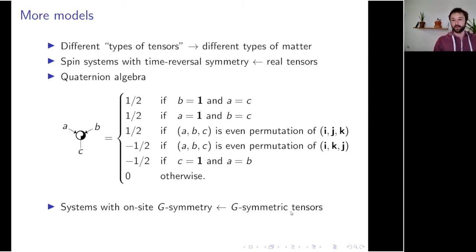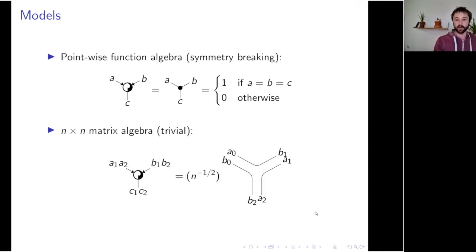And now if I contract two indices, not only the bond dimensions have to agree, but also the representations, which ensures that contraction is compatible with the symmetry constraint. And if I look for different ways to equip these tensors with symmetries, then in this case, I get conventional symmetry breaking order. And in this case, I recover the cohomology classification of SPT phases.